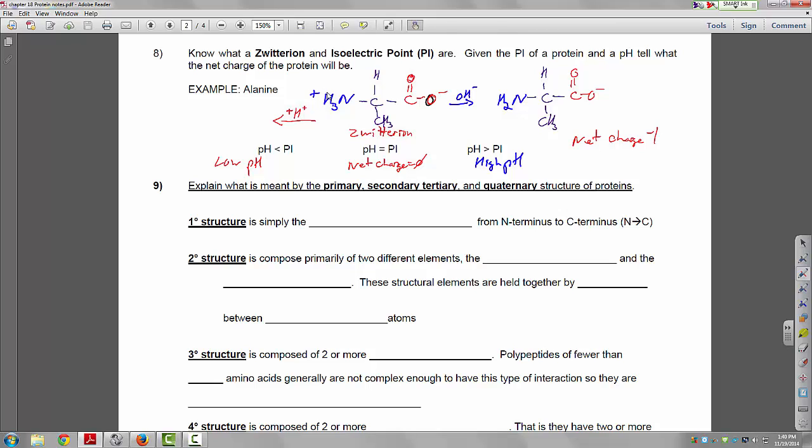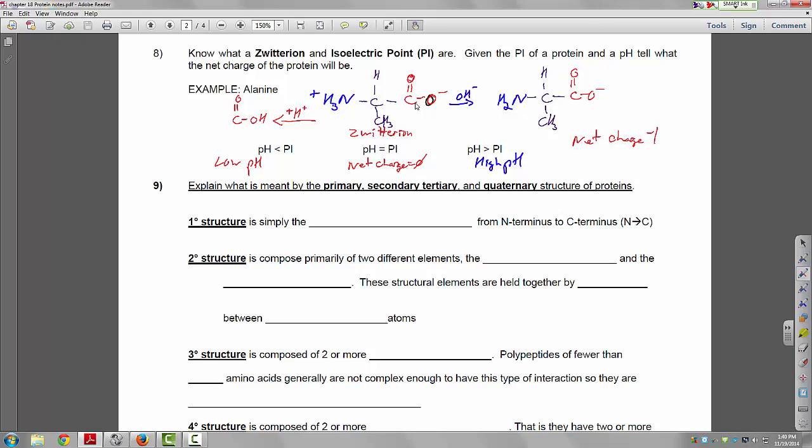Why is it Zwitter? Because zwei is 2 in German, and there's 2 ions, 1 positive, 1 negative. Net charge is 0. But at low pH, what we're going to do is stick this extra hydrogen here onto the carboxylate. So that carboxylate is now a free acid. It's not ionized anymore.